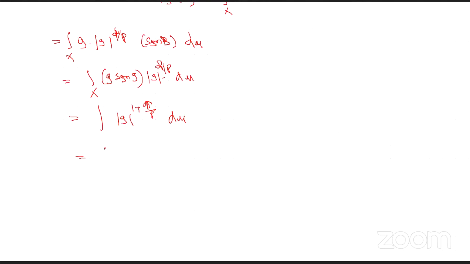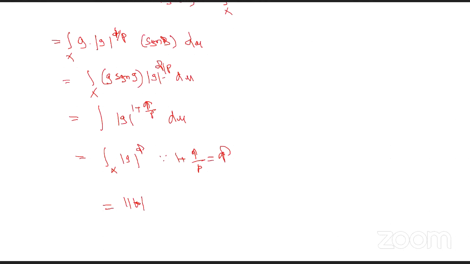So integration of |g| to the power q, where since 1 plus q by p, q equal to q, that equals the norm of f naught to the power p.